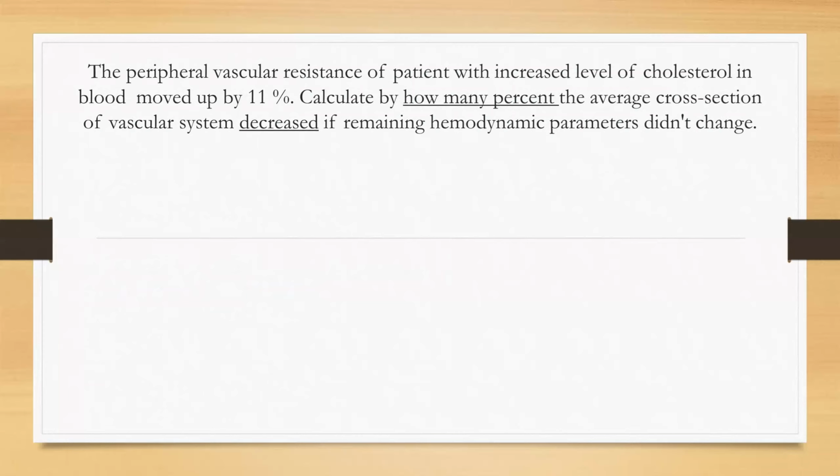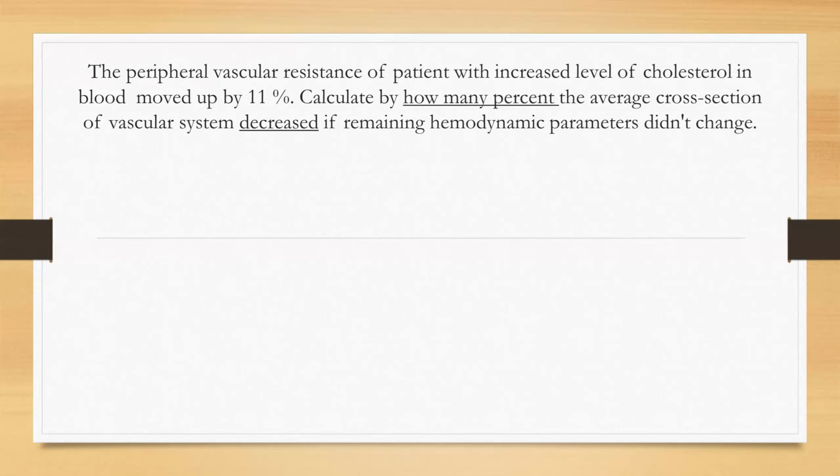So we have to calculate by how many percent the average cross section of the vascular system decreased, which means due to increased cholesterol, the diameter or the cross section decreased, and because of that, the vascular resistance has increased.